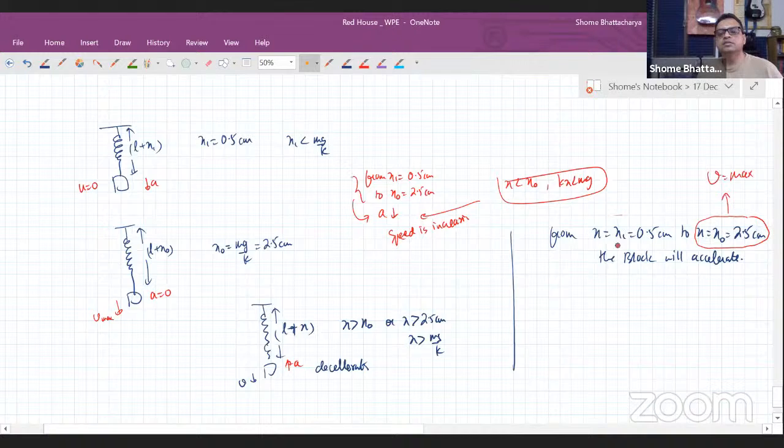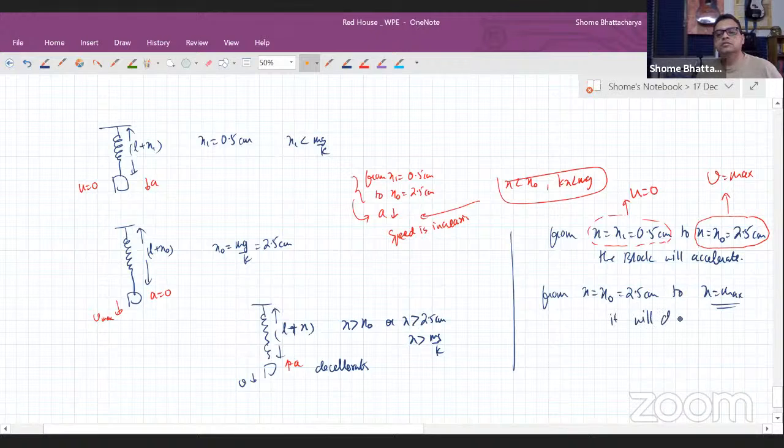Whereas this was the starting point, so here the speed was 0. And then from x equal to x naught to whatever the maximum extension is, it will decelerate, such that finally when it comes here, its speed becomes 0.